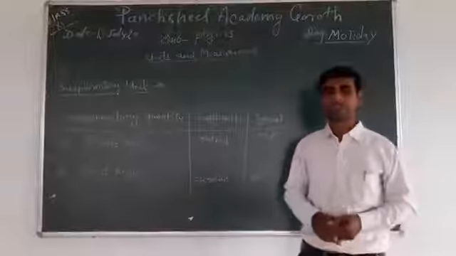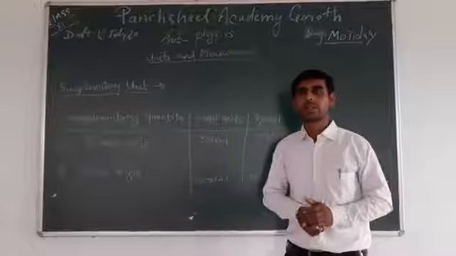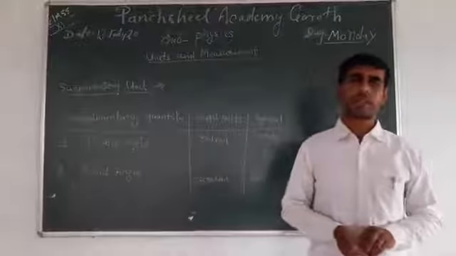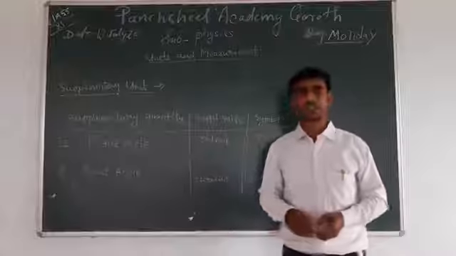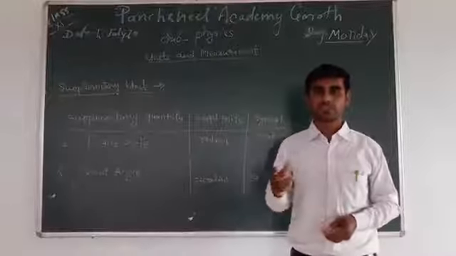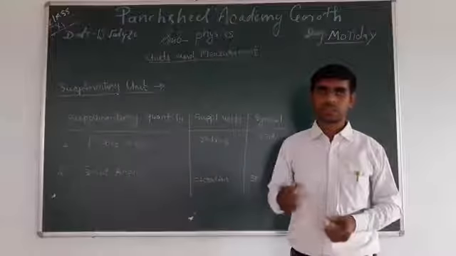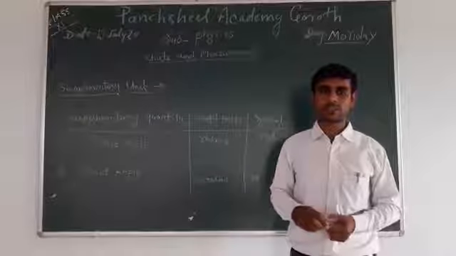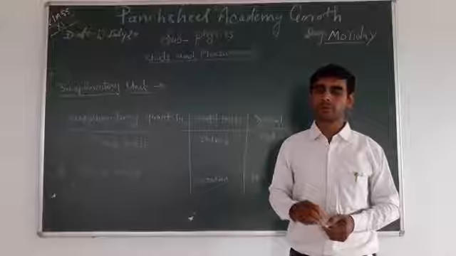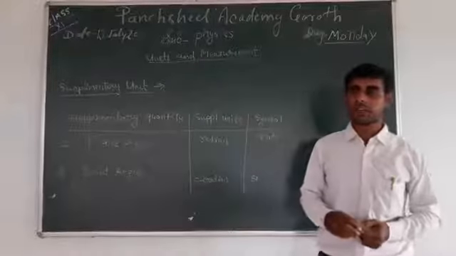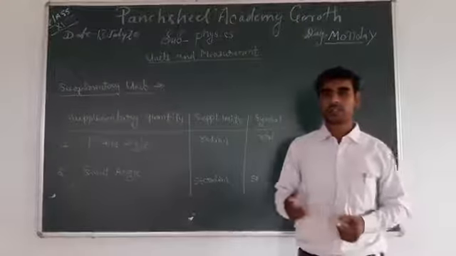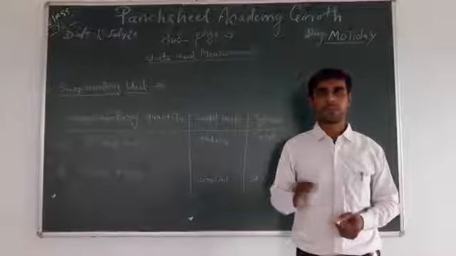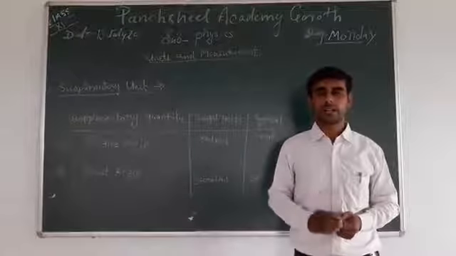In our previous video, we have studied what is physical quantity, what is unit, what are the characteristics of the SI system, how many types of fundamental quantity there are, and what is the difference between derived quantity and fundamental quantity.